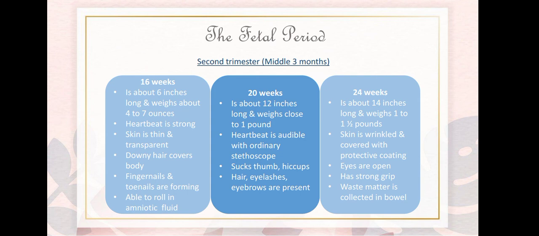Hair, eyelashes, and eyebrows are present. In the 6th month, it's about 14 inches, and the weight can grow up to 1.5 pounds. Skin is wrinkled and covered with a protective coating. Eyes are open, has a strong grip, waste matter is collected in the bowel.